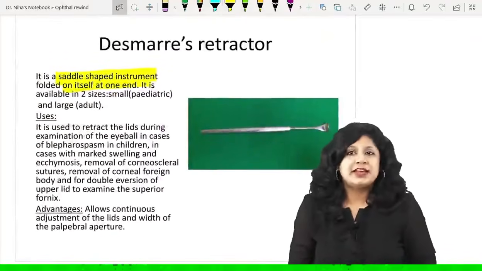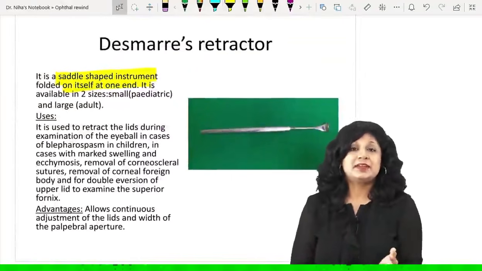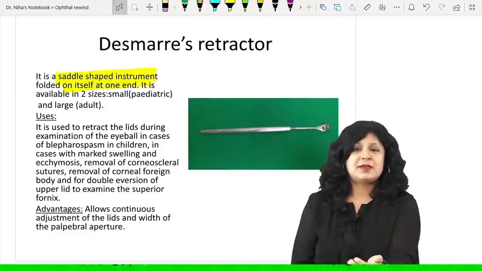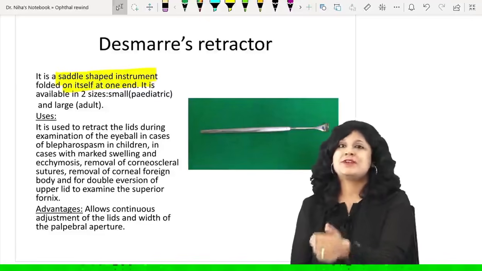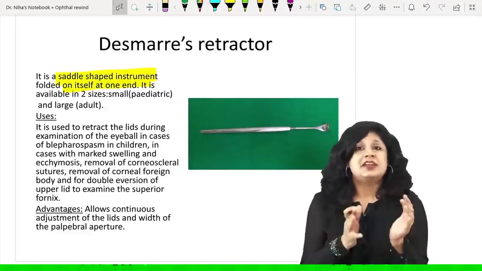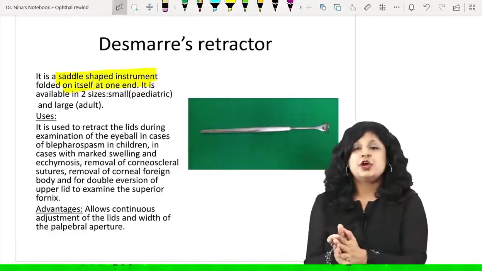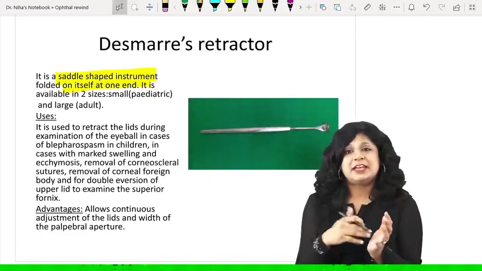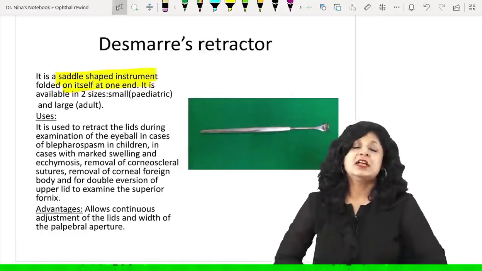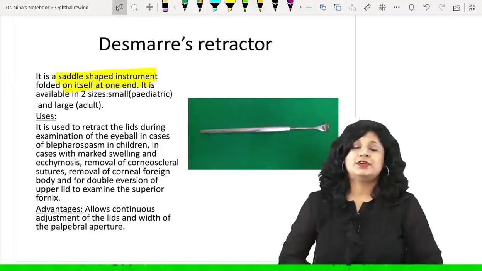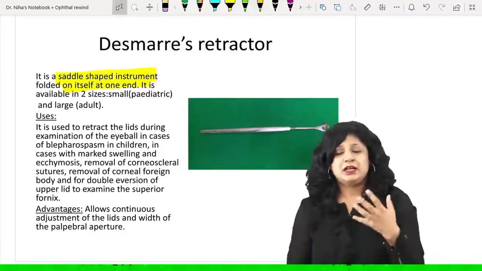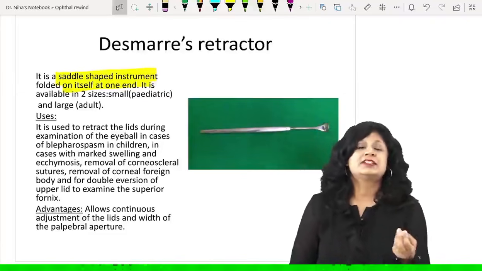So this is all for the instruments. I think most of the instruments that are concerned with your NEET PG examination, your prof examination, the FMG examinations, I have covered, because these are the most common surgeries that you study in ophthalmology, and because you are not so much exposed to these instruments in your third year or while you are doing the internship, it becomes at times difficult to understand these surgeries properly.